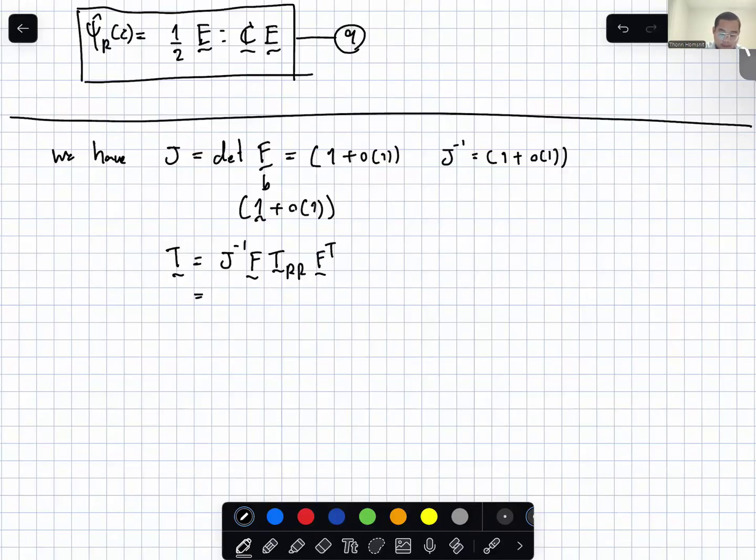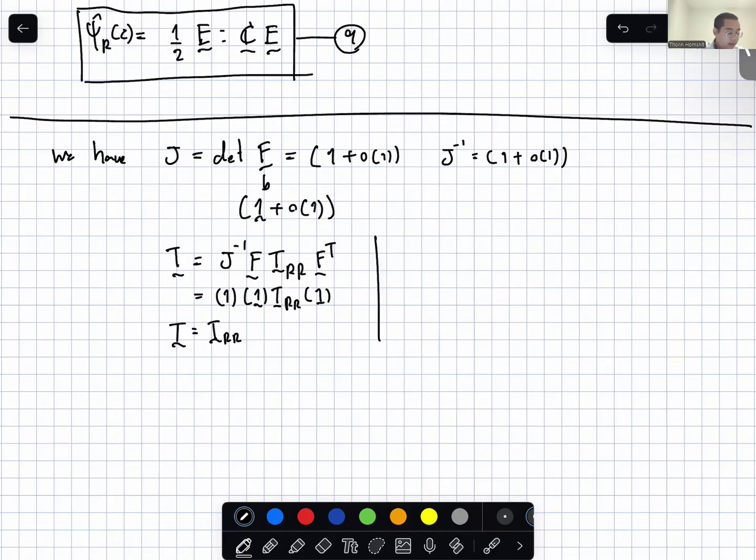So in my understanding, it's easier to look at it this way: we have one times the identity times T_RR and times the identity transpose. So it's just identity, and basically we have T equal to T_RR.